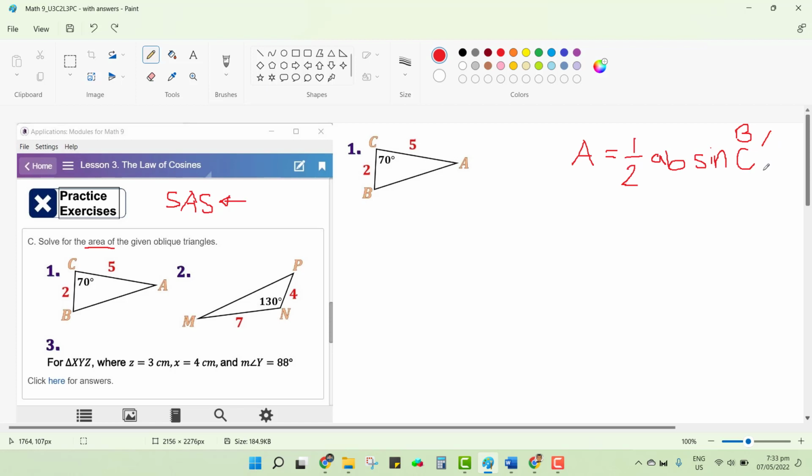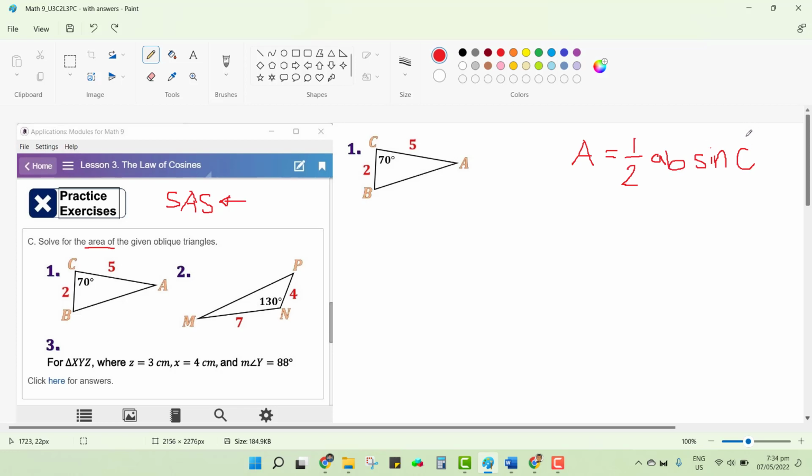So again, your hint for your formula is this. Because this is a general formula, when you reach number 2, you don't have A, B, or C here anymore, even in number 3. What you need to be reminded of is that the formula for the area of the oblique triangle under SAS situation is given as 1/2 the product of the sides and their included angle.